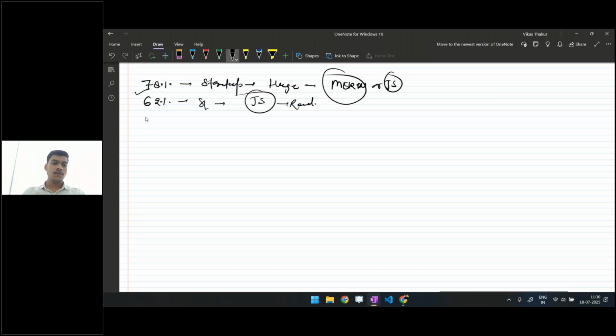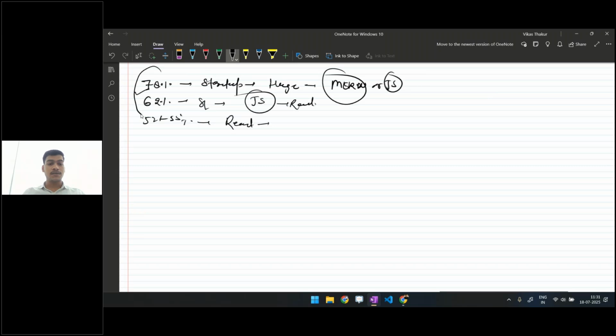And 52 to 55% of big companies like Meta and Instagram, Snapchat, Pinterest, and many other companies, Uber, PhonePe, these kinds of companies that are very large in the industry, are using MERN Stack or any one language in the MERN Stack to write their application.